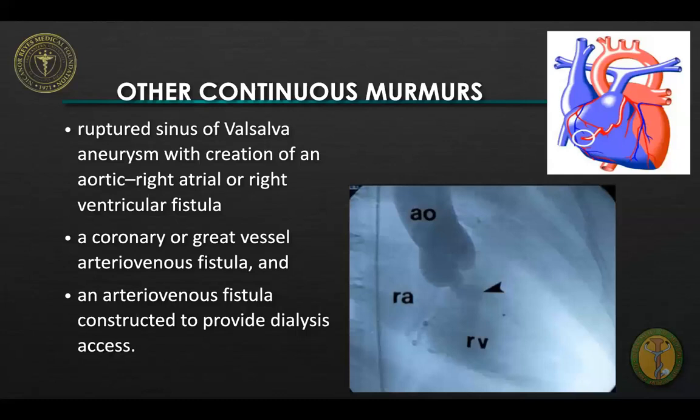Other continuous murmurs are ruptured sinus of Valsalva aneurysm with creation of an aortic to right atrial or right ventricular fistula, a coronary or great vessel arteriovenous fistula, and an arteriovenous fistula constructed to provide dialysis access.